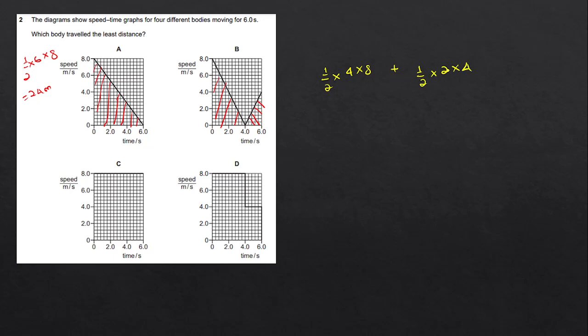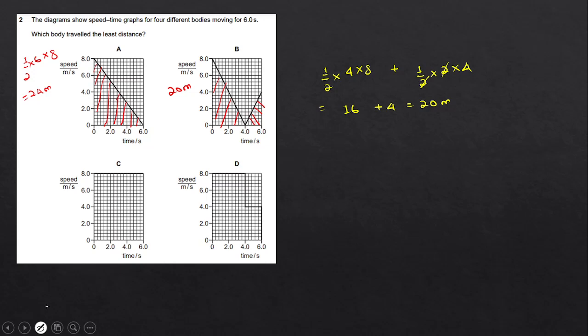So half times base times height. The base is 2 here for the second triangle. So half times 4 is 2, 2 times 8 is 16, plus 4, that would be 20. So 20 meters is the distance traveled in the second graph.